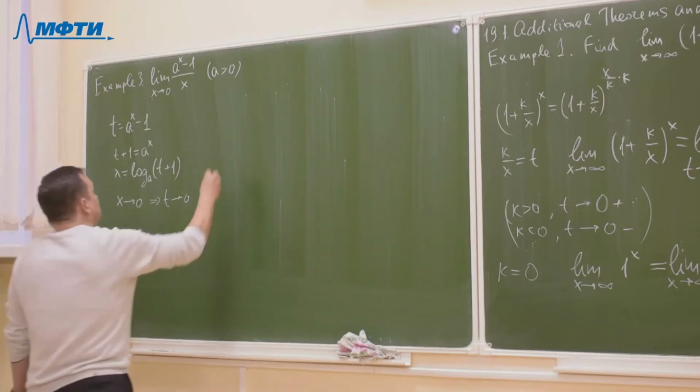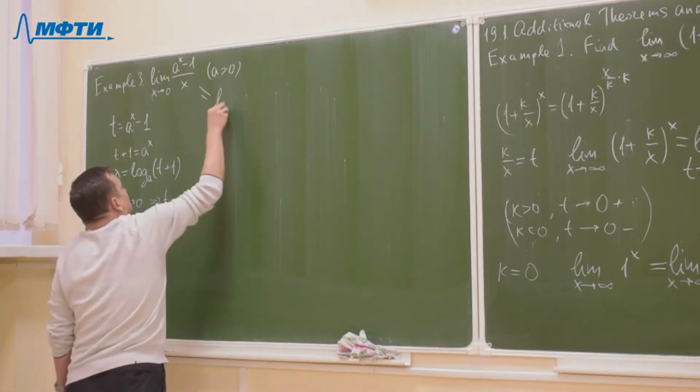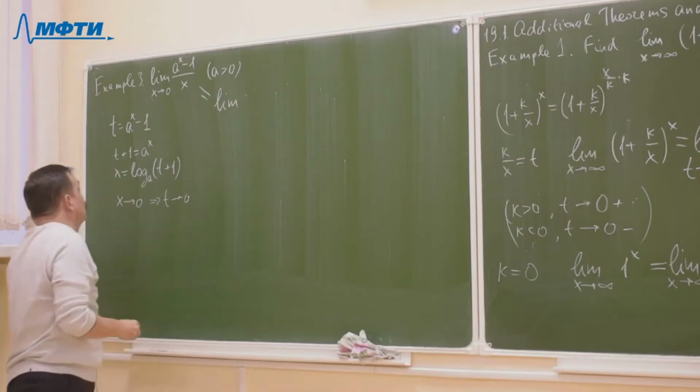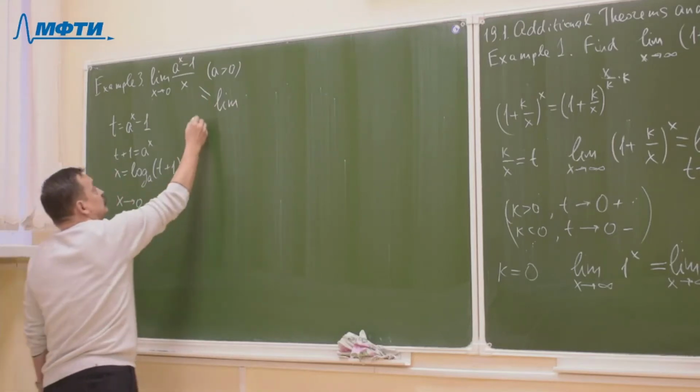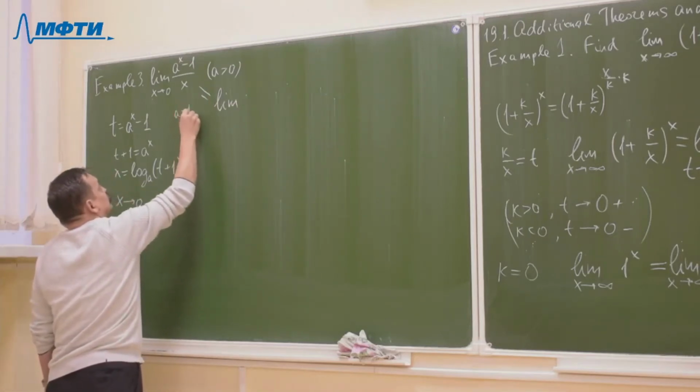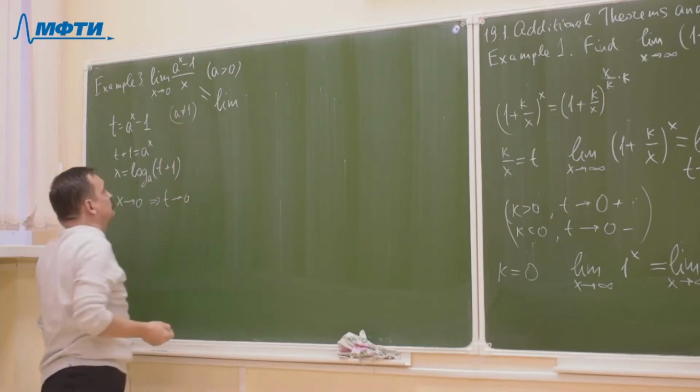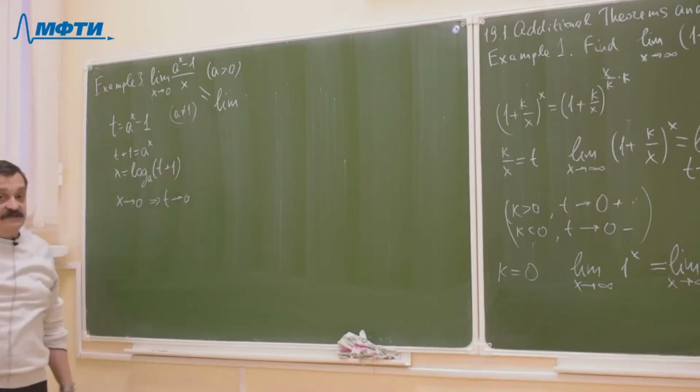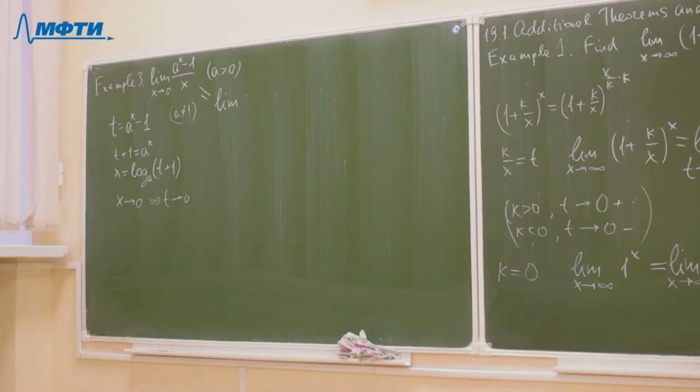So, using the composition theorem, of course, we can do it for a not equal to 1, otherwise a to the power x is precisely 1, hence t is equal to 0, right?